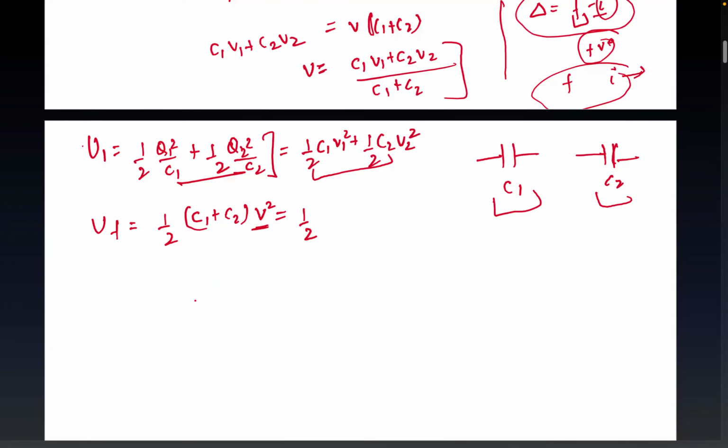Now we have to just convert the equations. How can we convert this? Either convert this into Q form, or from Q form to this form. You have two options, right? So what is the best option we have? If you see, this V is my total potential, right?